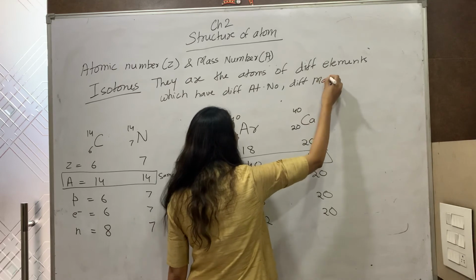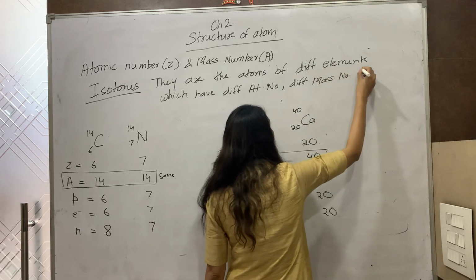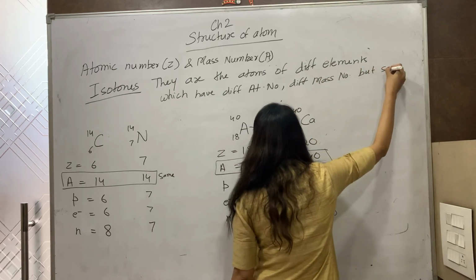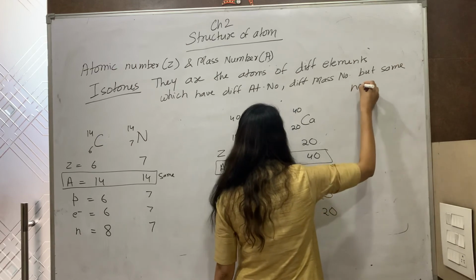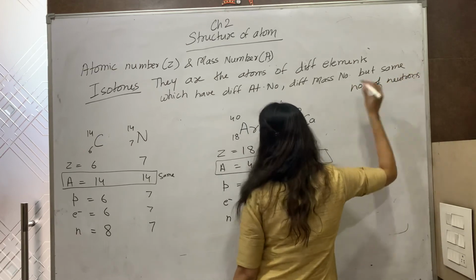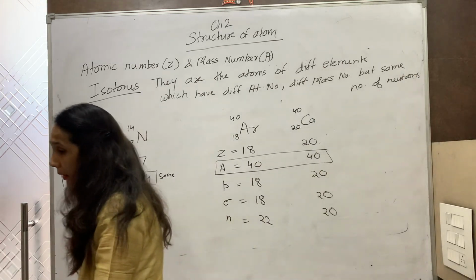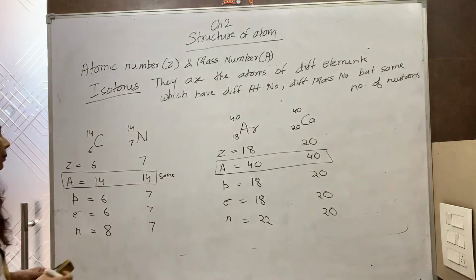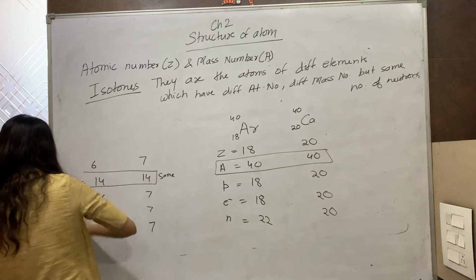Both are different. What is same? Same number of neutrons. They have similarity in number of neutrons. The number of neutrons in them will be same. Z is different, A is different, but the number of neutrons are same.